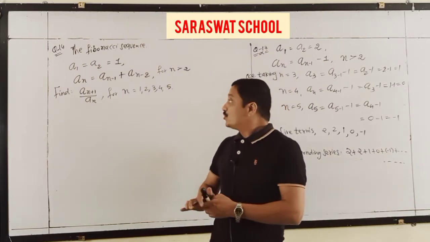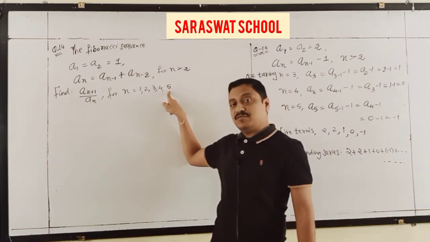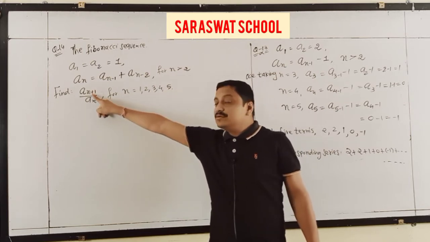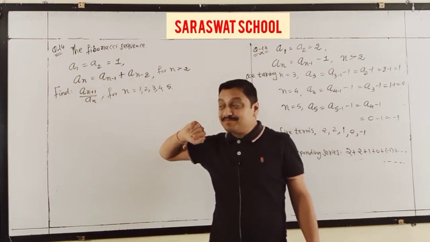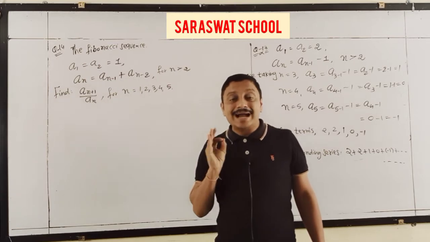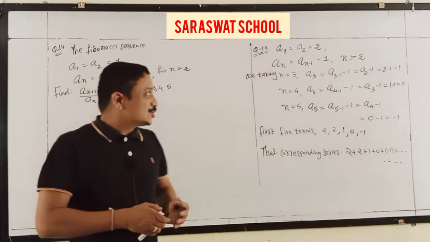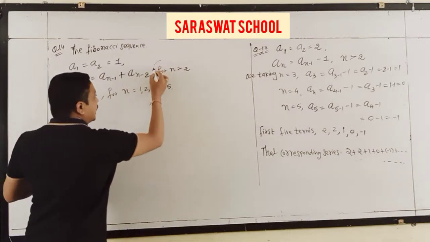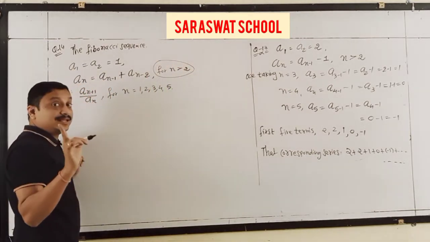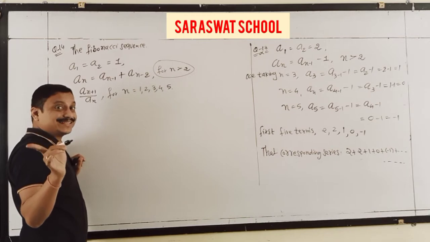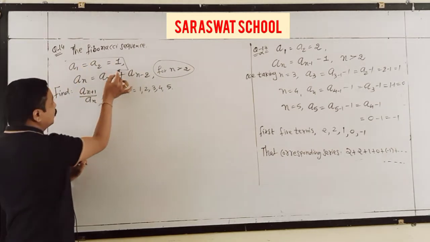Very easy. First of all, I define the maximum number 5. If you attach it here, then you get a6 by a5. It means I solve my question up to a6. So I start from here, n greater than 2. It means 3, 4, 5 and 6, because a1 and a2 are already known.